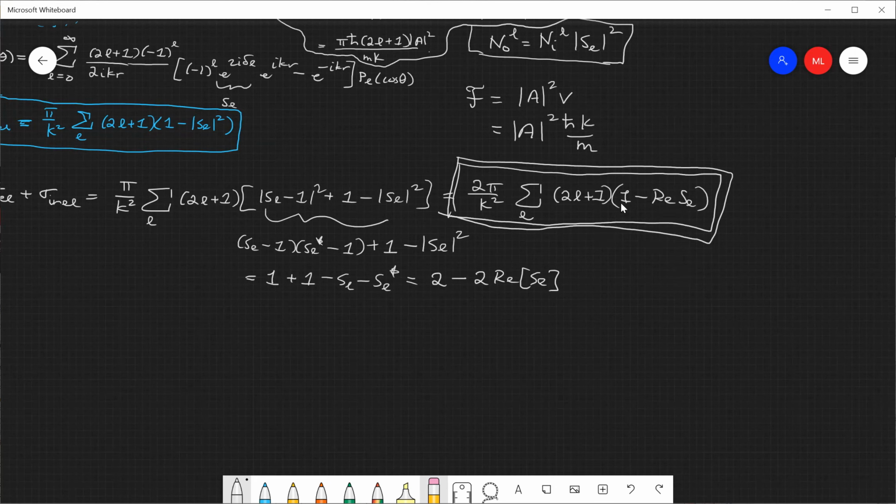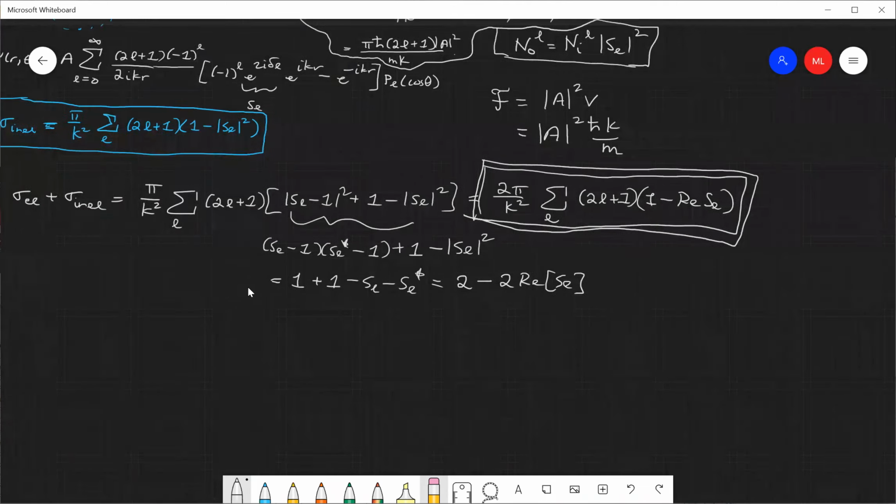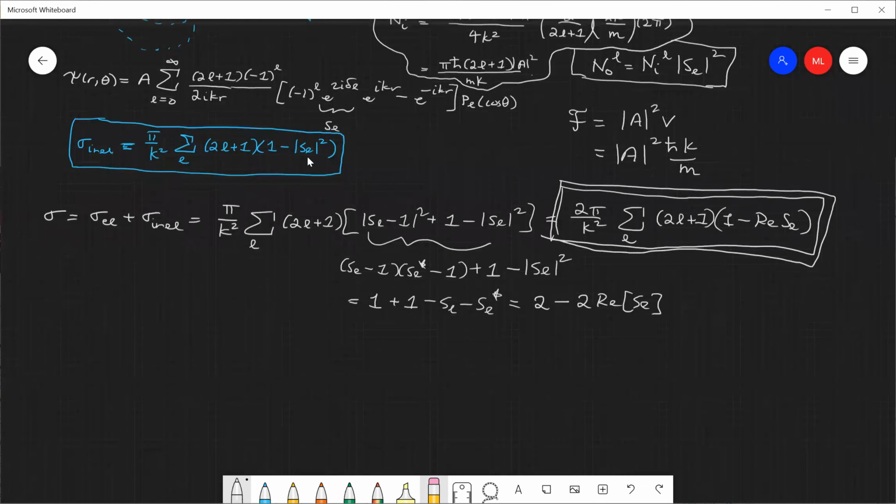If we go back to the inelastic portion, what we're saying here is that there's some inelastic scattering if S_L is different from 1, that is, if its magnitude is less than 1.